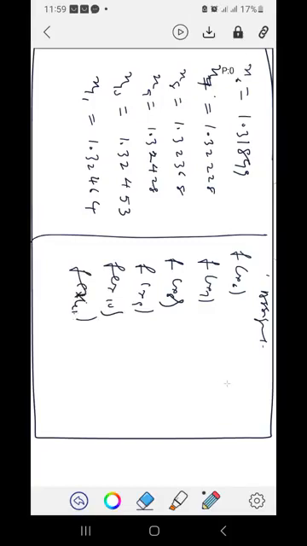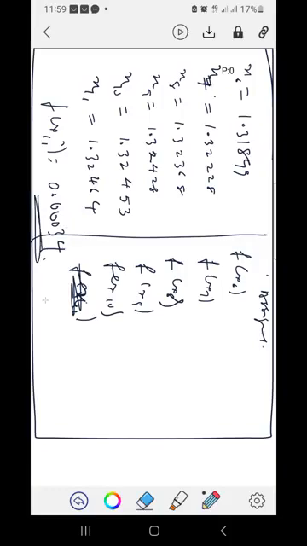Actually, don't find f(x11), let me tell you. f(x11) is going to give you minus 0.00034, which is quite close to zero.